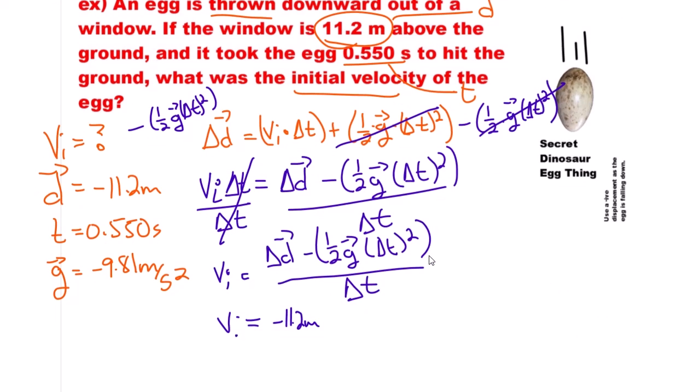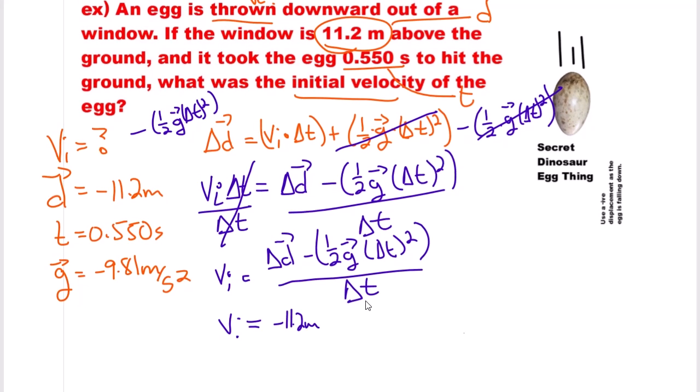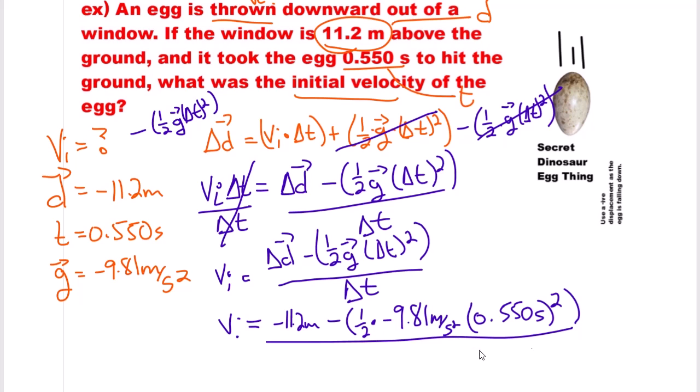Negative 11.2 meters minus 1/2 times negative 9.81 meters per second squared times my change in time, which was 0.550 seconds squared. All of that is going to be divided by 0.550 seconds. Okay, that was a mouthful.